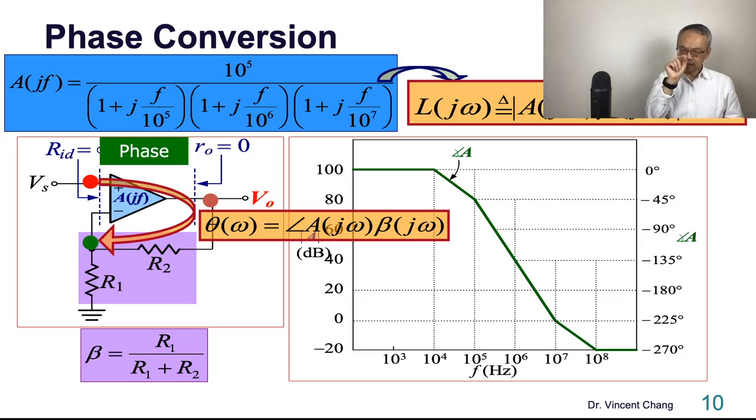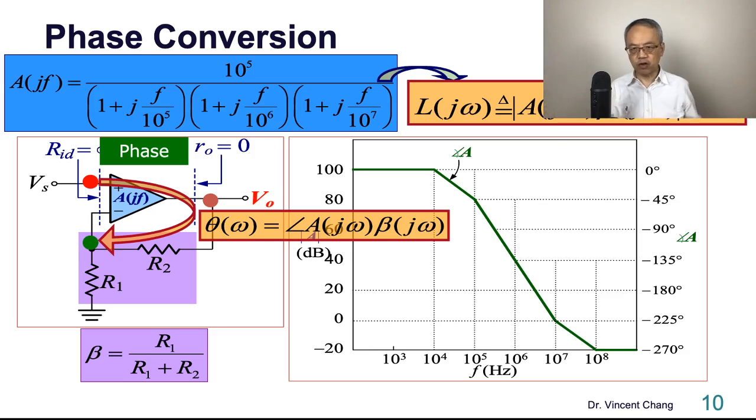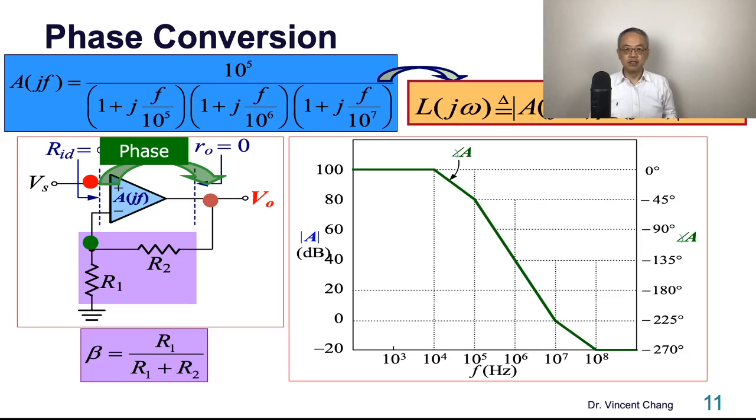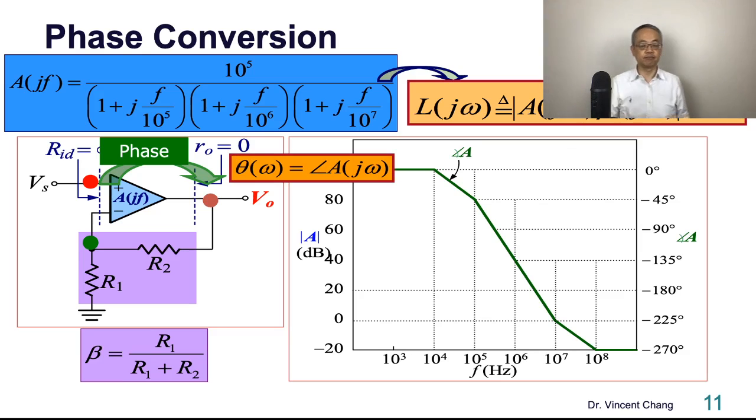But the purple network is the resistive feedback. So there will be no phase involved from brown to green going through the feedback network. Therefore, the phase of the loop gain is actually the point starting from red and arriving at brown. It's the phase of A, because no phase is introduced in the feedback network.